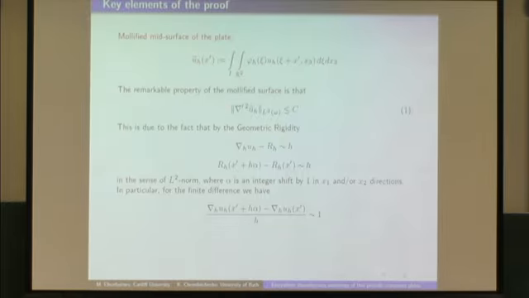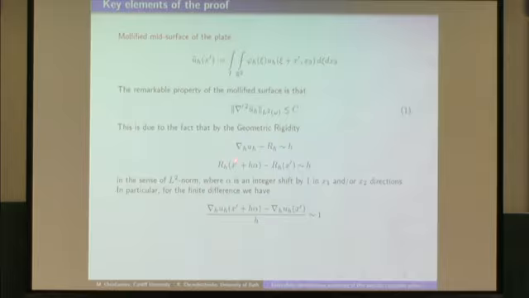Now, we can prove that the second gradient of the modified surface is bounded in L2. And this is due to the fact that, using the same approach as Friesecke, James, and Müller used, we see that the gradient of the deformation can be approximated by a piecewise constant function in the group of rotations, and the order of approximation is of order h.